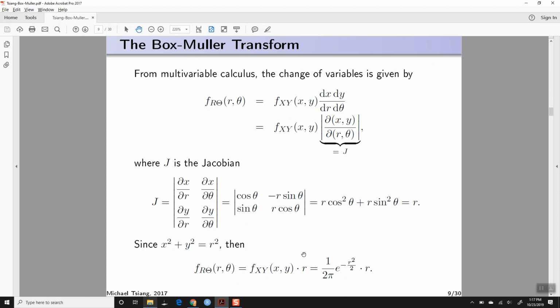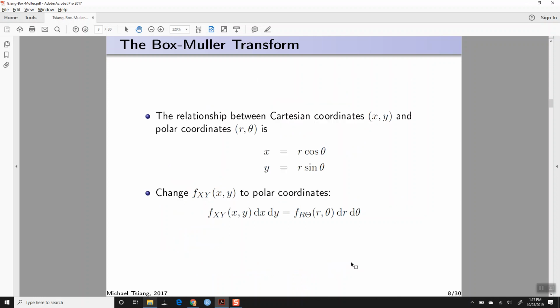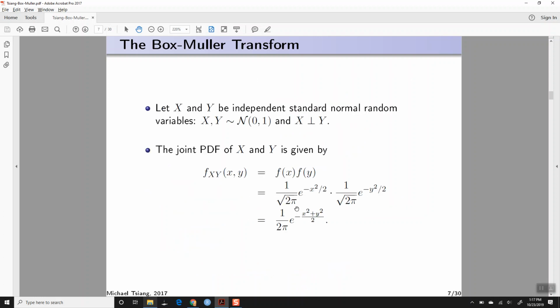Okay, and so we plug this in, right? So we get the change of variables, and this whole thing reduces to r. And then we replace over here: in our joint distribution, we're going to replace x squared plus y squared with r squared.